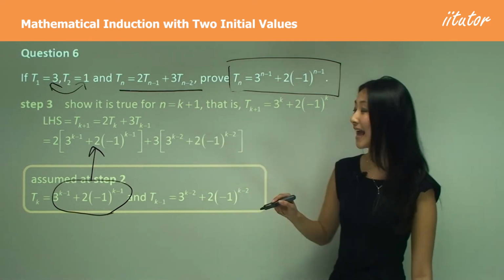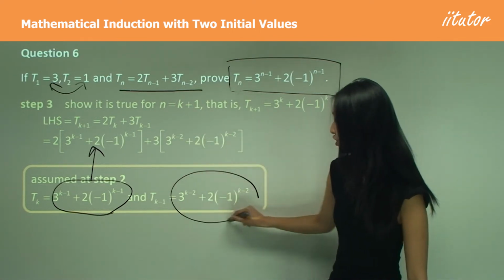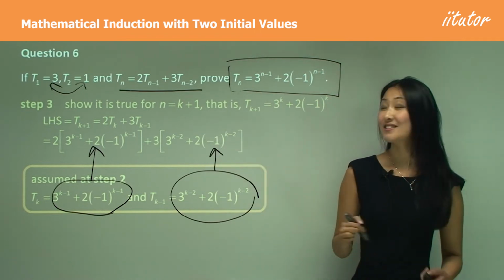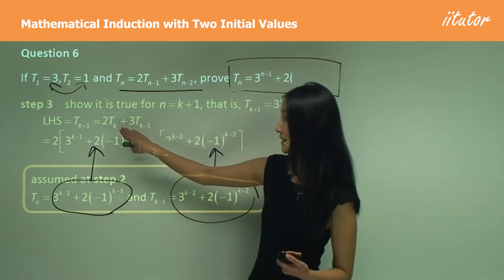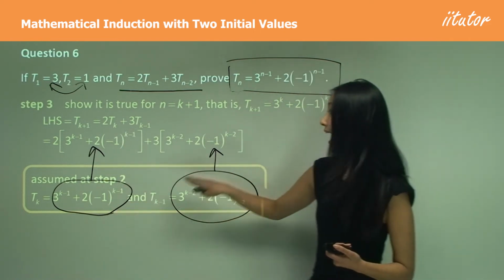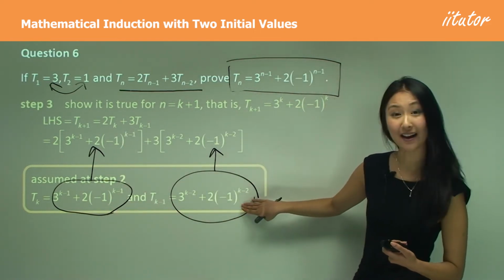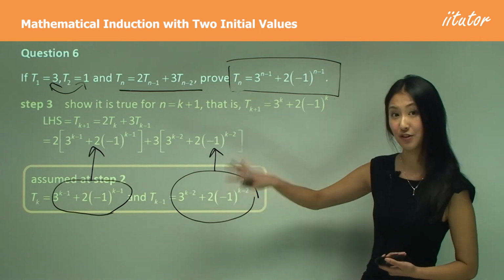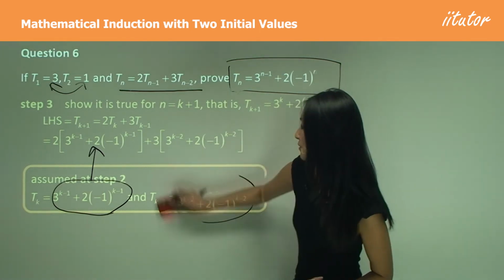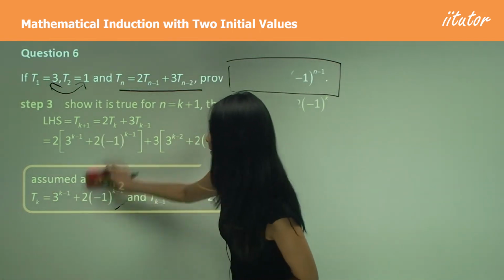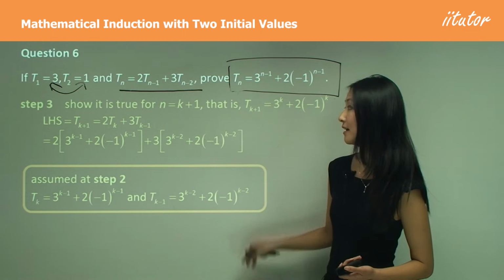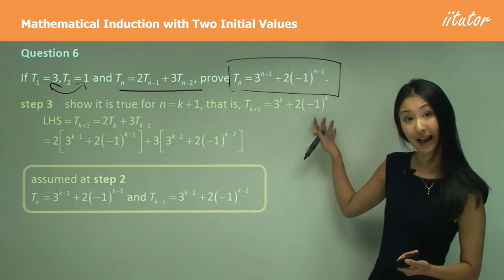So instead of t_(k minus 1), I'm just substituting that into there. So I know this looks complicated, but actually all I'm doing is substituting t_k for this and then t_(k minus 1) for that. So all I'm doing is just basic substitution in there. We've used the information as well as our assumptions. We just have to work on manipulating this equation to look like the right hand side.